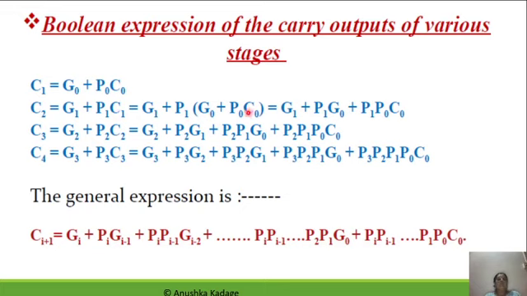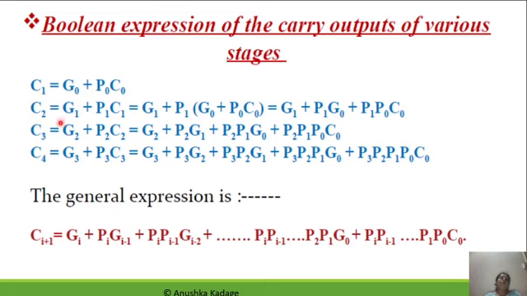And when we multiply P1 with this bracket, finally for C2 we find it is the previous stage carry generate, OR the previous stage carry propagate with the previous-to-previous stage carry generate, OR the previous stage carry propagate, the previous-to-previous stage carry propagate, and the previous-to-previous stage carry input.